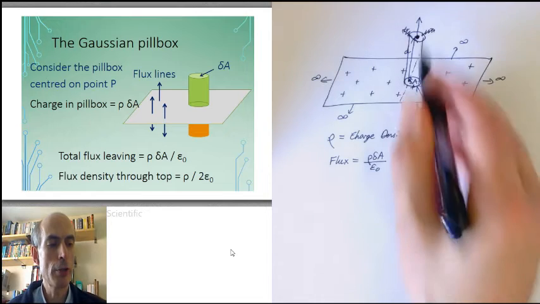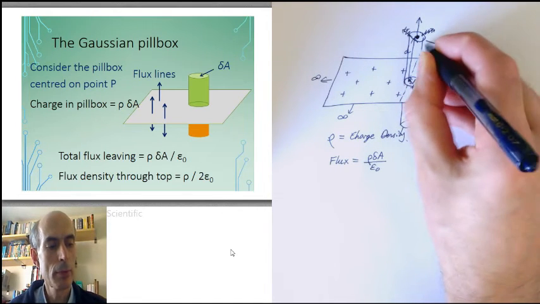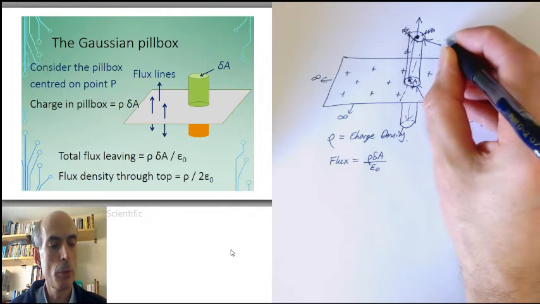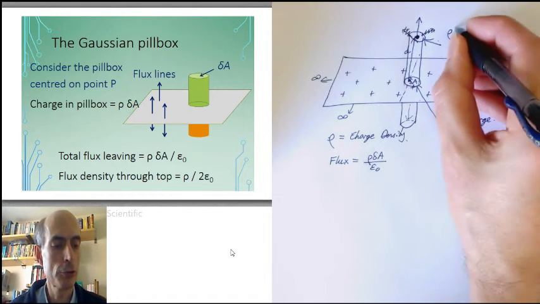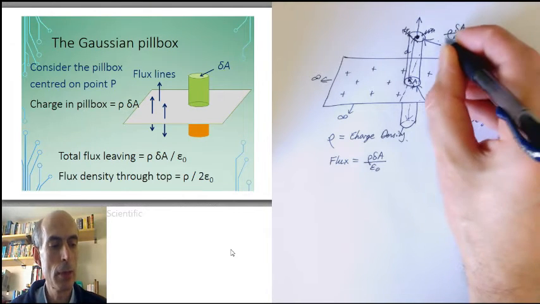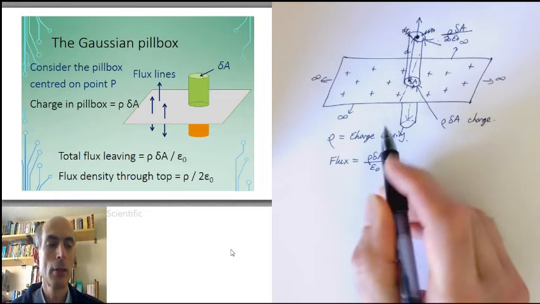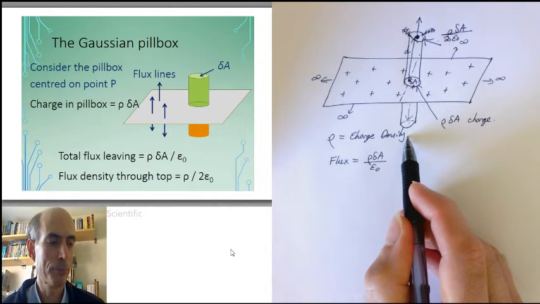So the flux emerging from the top would be the total flux emerging from the Gaussian pillbox, rho delta A over epsilon naught, divided by 2, because half of it is coming out the bottom of the pillbox.